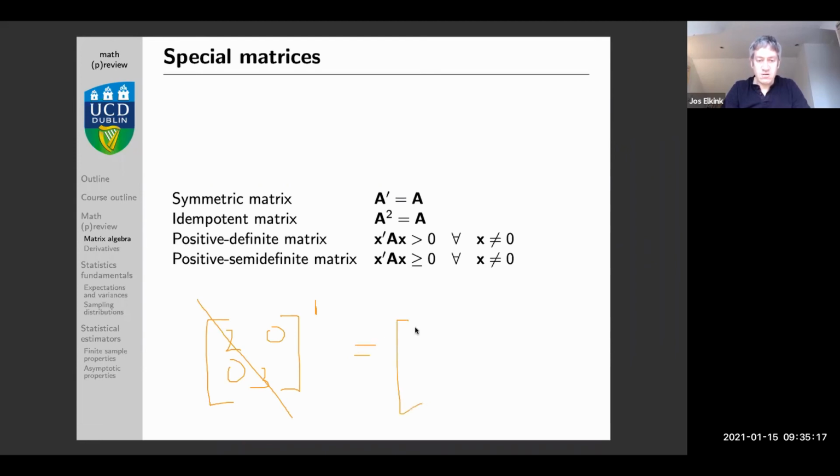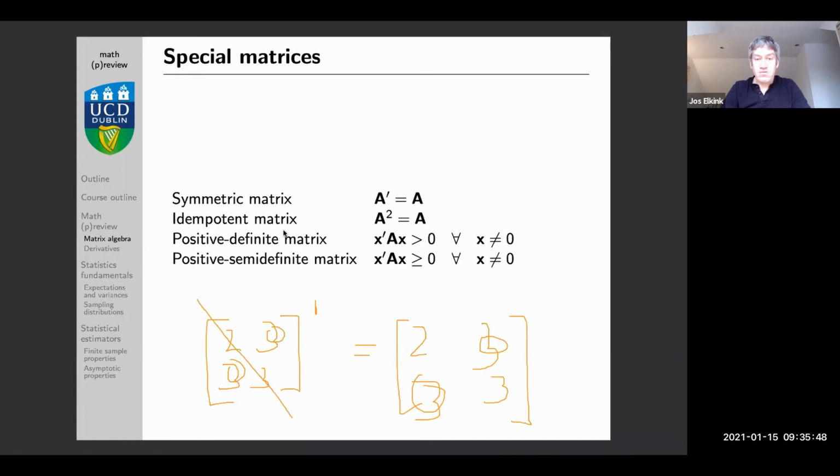So the first column in the first one becomes the first row here, and the second column becomes the second row here, but I have exactly the same matrix. So this matrix is symmetric. But also if this had been a 3 and this had been a 3, then the result also would be the same. It's not a diagonal matrix anymore, but it's still a symmetric matrix. So a symmetric matrix is one where, if you take the transpose, you get the original matrix back.